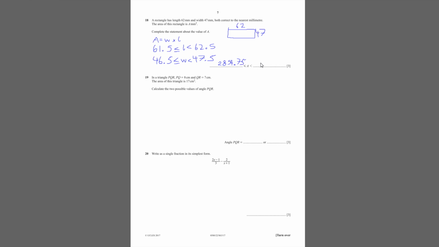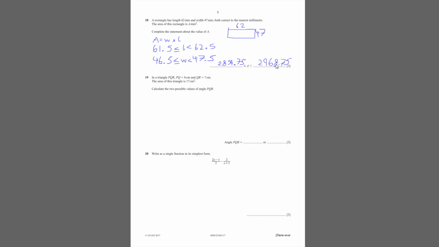So, next, we need to find what our area is less than, which is done by calculating the maximum instead of the minimums. So if we have 62.5 times 47.5, we'll get an answer of 2,968.75.